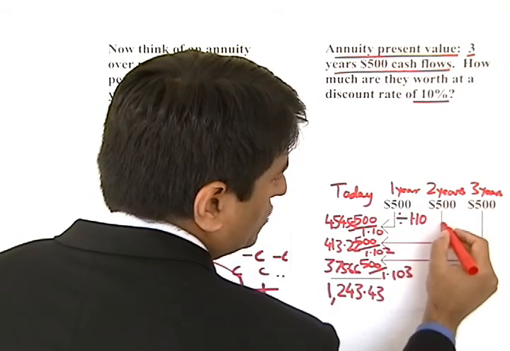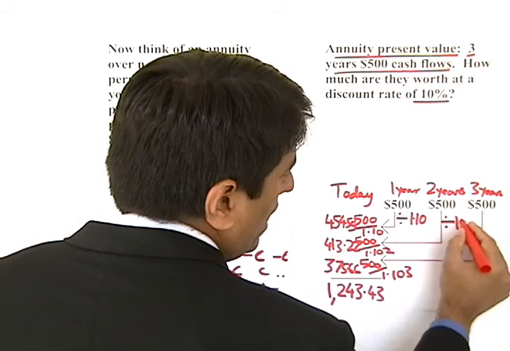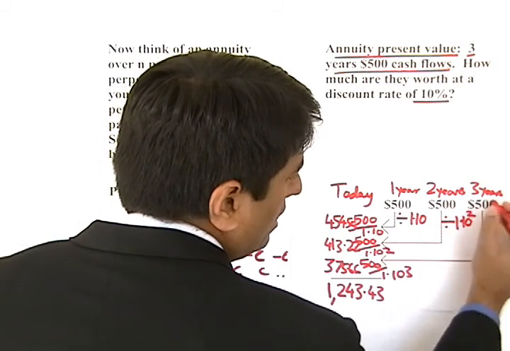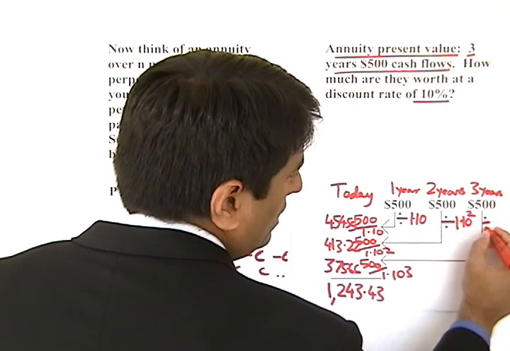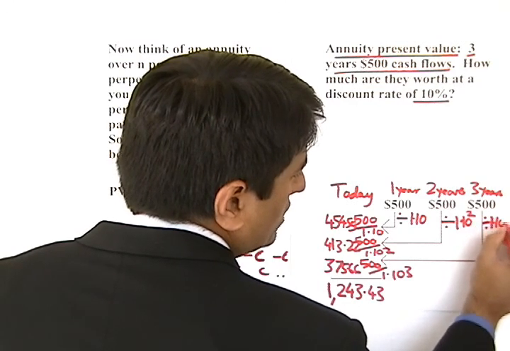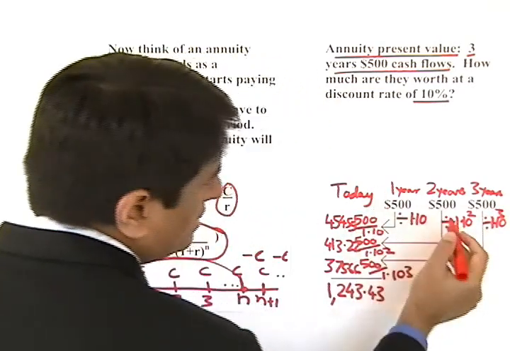The 500 which is 2 years away, we have to divide by 1.10 squared, and the 500 3 years away, we have to divide by 1.10 cube, and we get these amounts.